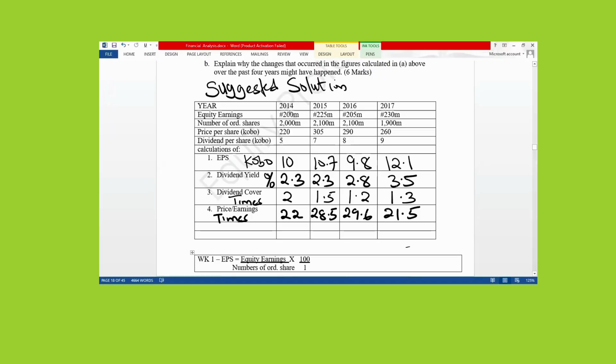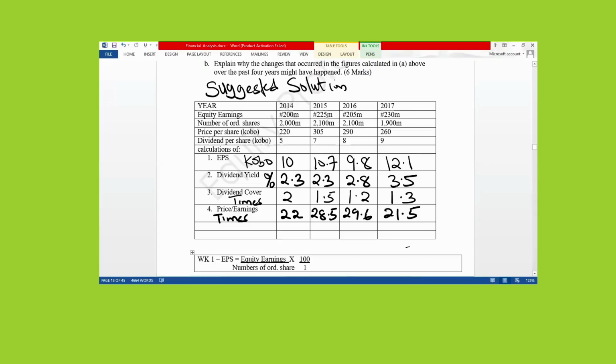Now, again, go and check equity earnings. 2014, 200 million. 2015, 225 million.